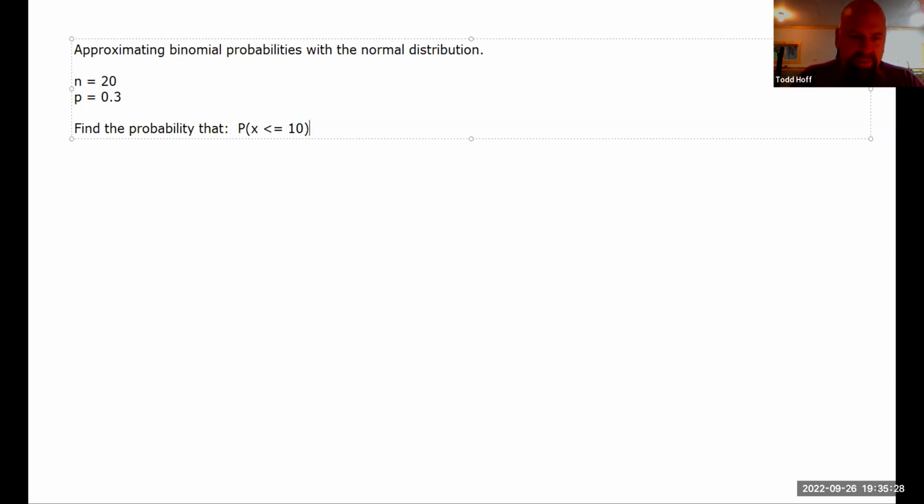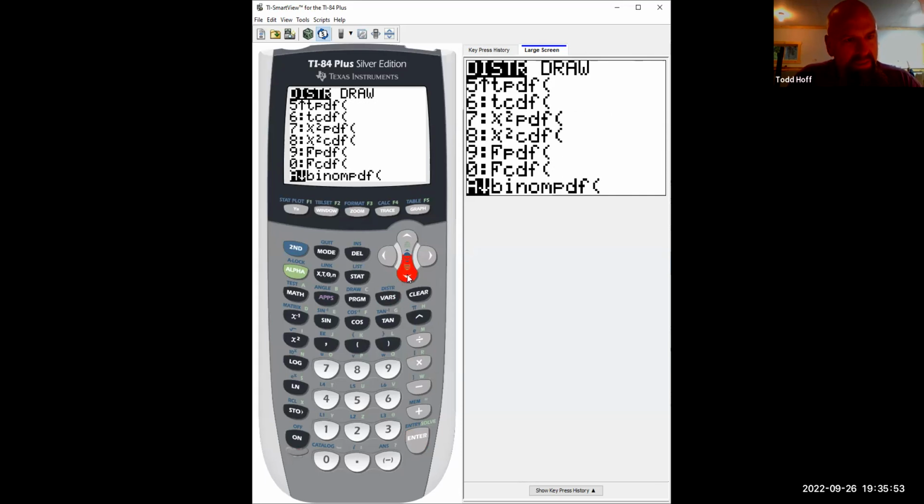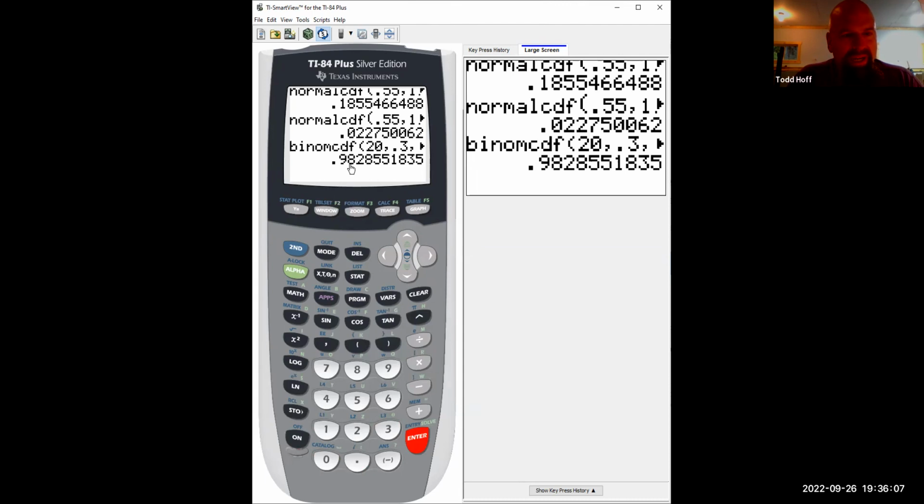So for the binomial probability, this would be a binomial CDF, 20, 0.3, and 10. CDF would be cumulative, so that would do the less than or equal to. Second distribution, get down to our binomial probabilities here. Want the binomial CDF. We're at 20 trials, probability of 0.3, and we're going up to 10 as our X value. And we get 0.9829.